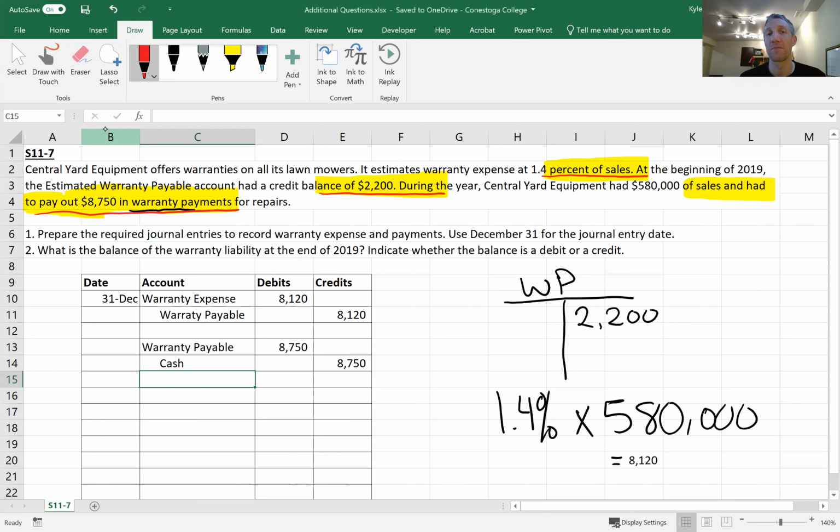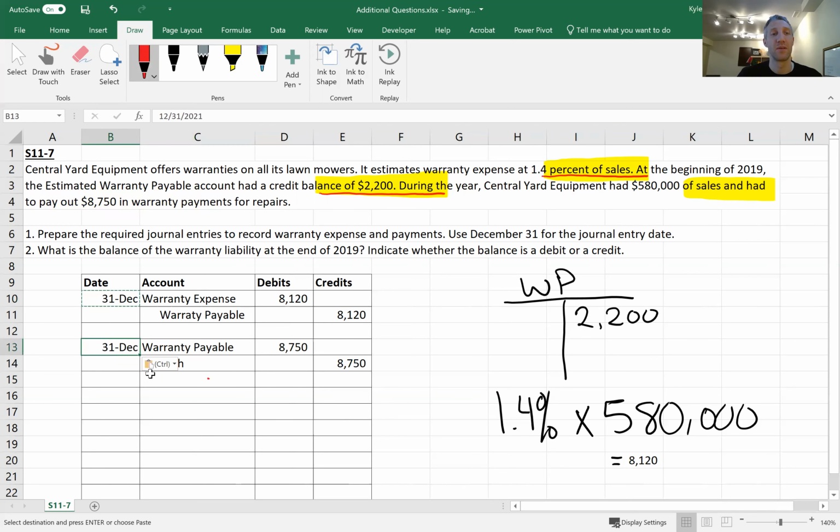So we need to be aware of whether the credit is going to be to cash or to inventory. Here it says they made warranty payments, so they paid with cash. Sometimes they replaced the defective product with a new product, in which case we would credit inventory. So here we did cash because of the way they settled the warranty claim. Okay, so that's requirement 1.